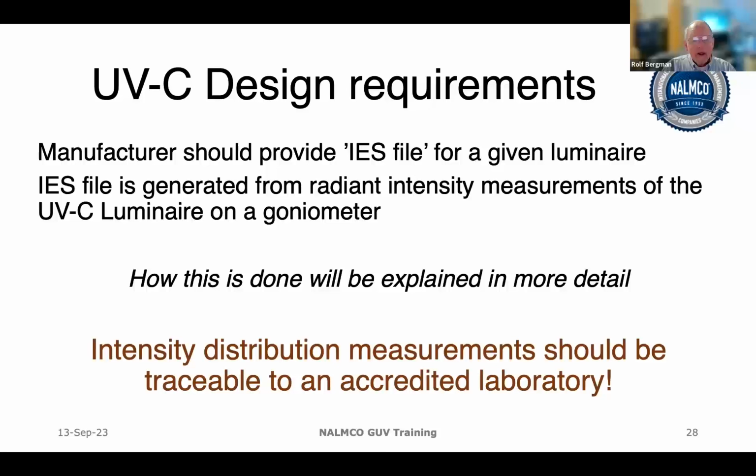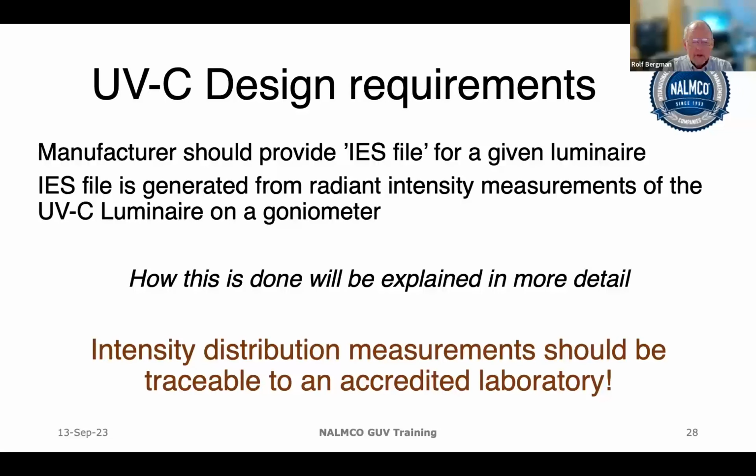Now, an IES file, how do you get it? Well, the manufacturer should provide it. That means he has had his device measured goniometrically, and it is a file that contains the radiant intensity data at various angles of a given luminaire, measured on a goniometer.